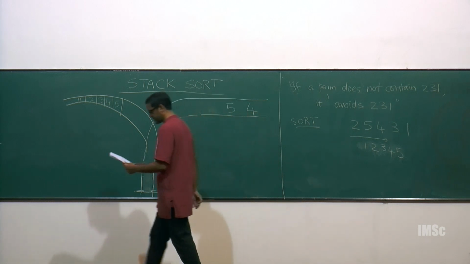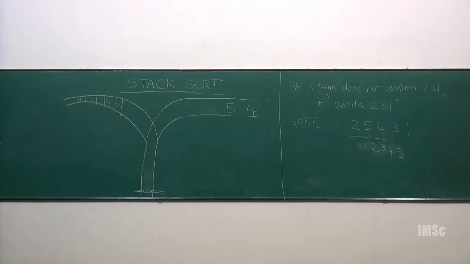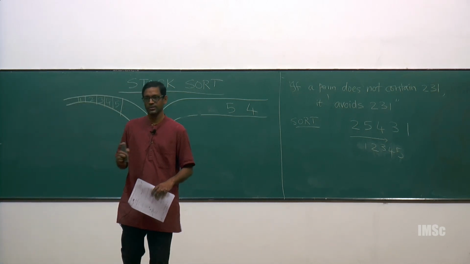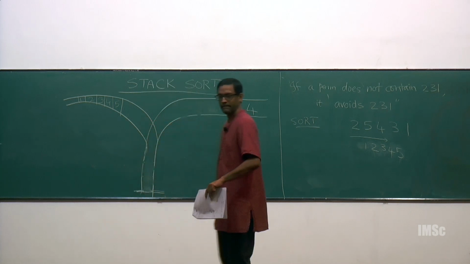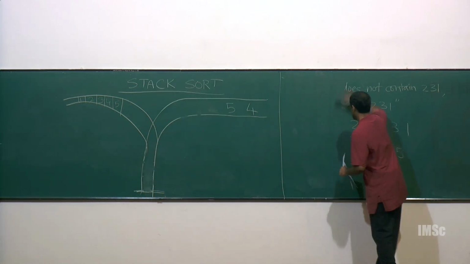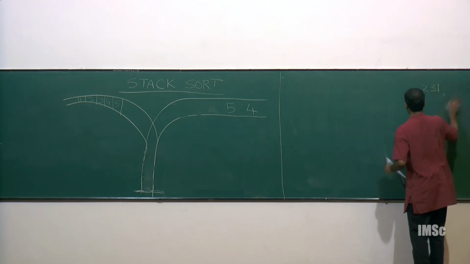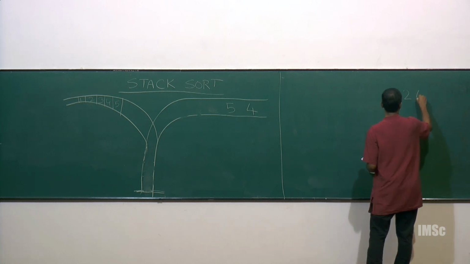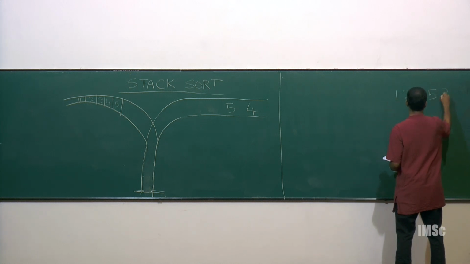Okay, good. So we just did this. Let's do another one. So I have 1, 2, 4, 5, 3.